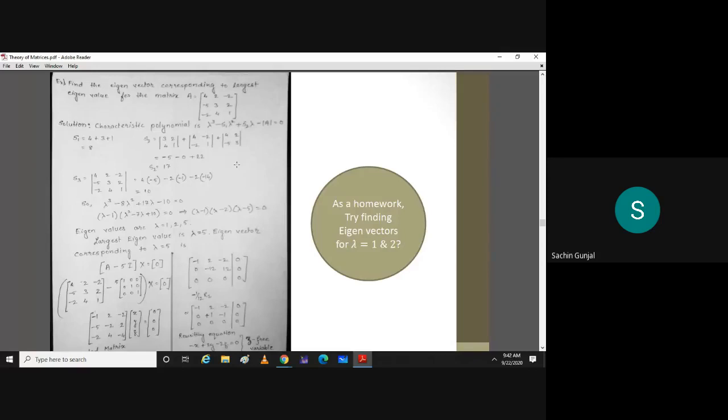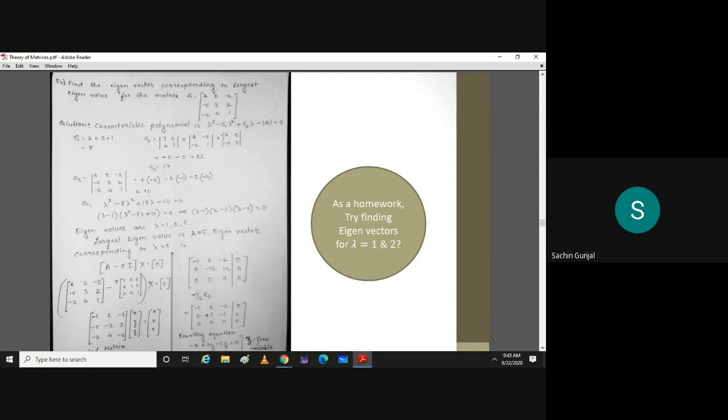So the question is, find the eigenvalue and eigenvector corresponding to the largest eigenvalue of the matrix. The entries are 4 2 minus 2, minus 5 3 2, minus 2 4 1. As we know, the characteristic equation for a 3 by 3 matrix is lambda cube minus s1 times lambda square plus s2 times lambda minus determinant of A equal to 0, where s1 is the trace of A, so 4 plus 3 plus 1, that is 8.